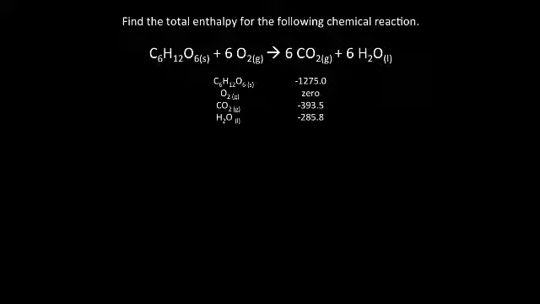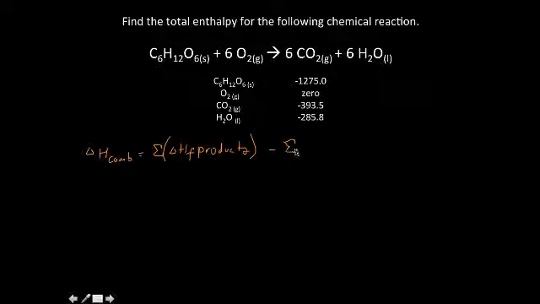If you remember correctly, that equation that we were dealing with is going to be the heat of formation, the combined heat of formation for the entire process is going to be equal to the sum, which is that weird sigma thing that you guys were looking at, probably didn't know what that meant, of the heats of formation for the products minus the sum of the heats of formation for the reactants.